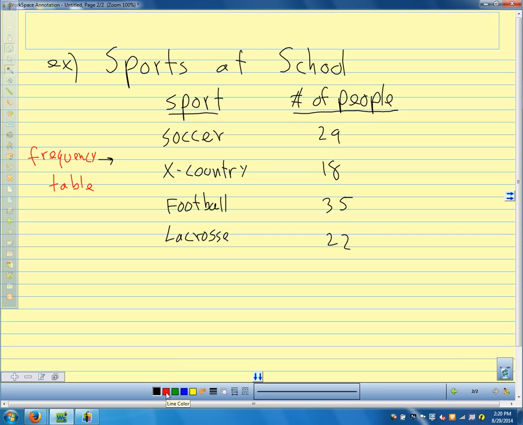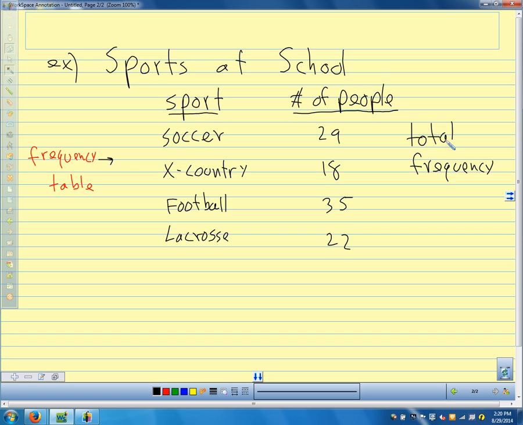So we're going to calculate some probabilities. So using these numbers, if we're thinking of probability being favorable over total, how are we going to find the total? Add all the numbers together. That's all we have to do. We call that the total frequency. That word total is our cue.